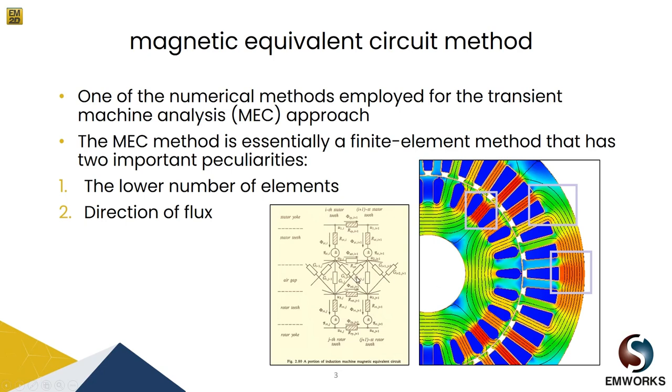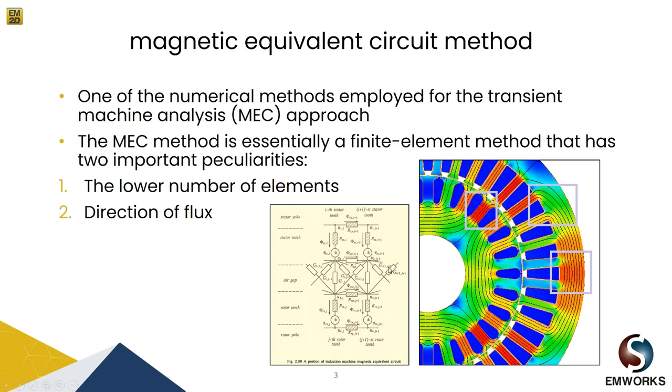But in the finite element method, the direction of flux is arbitrary and you don't have to specify it. Actually, you calculate the flux density after solving the magnetic vector potential equation. So the finite element method is a general purpose method, but the magnetic equivalence circuit is not a general purpose method.